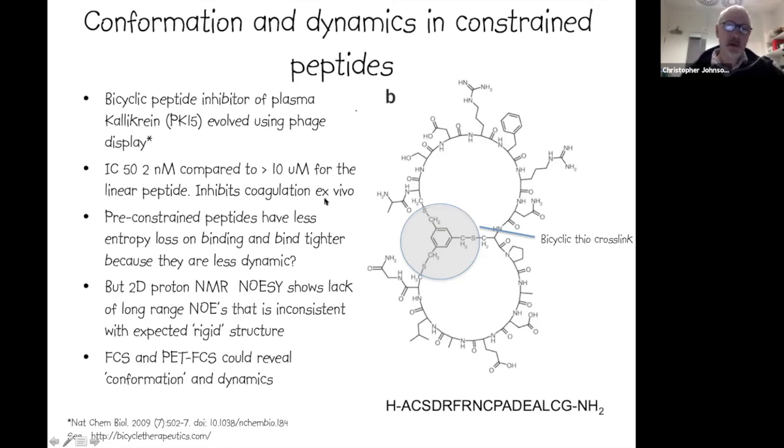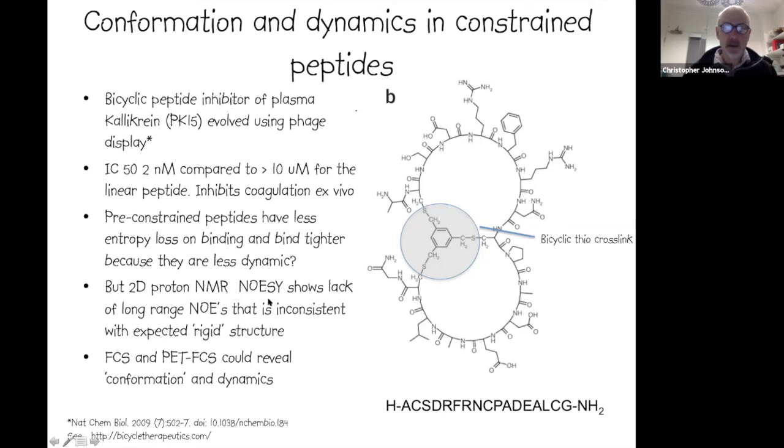And it also inhibits coagulation ex vivo, so it all looked very promising. The argument, again, was that pre-constrained peptides have lost a lot of entropy relative to a linear molecule. They would bind tighter and they're less dynamic. And that was the reason for their tighter binding.